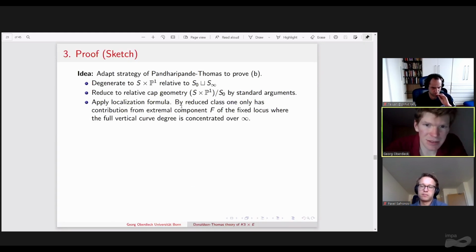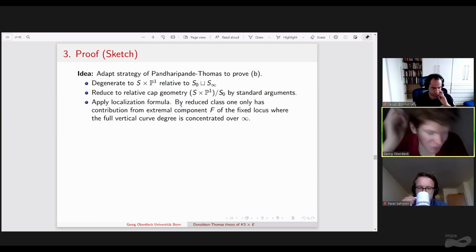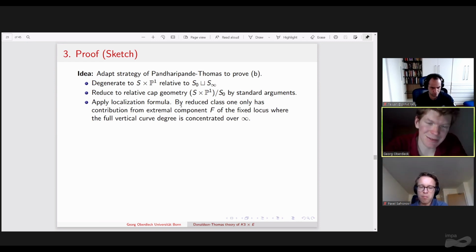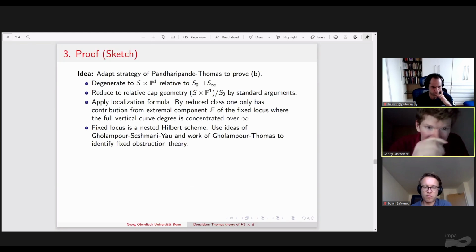Because you're using this reduced class, counting these quarter BPS states, this helps a lot: already in the first localization step the reduced class rules out essentially everything except the extremal component. This extremal component you can identify as a nested Hilbert scheme.